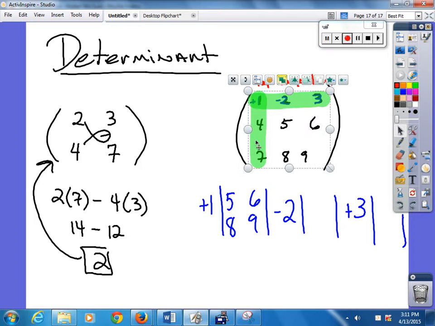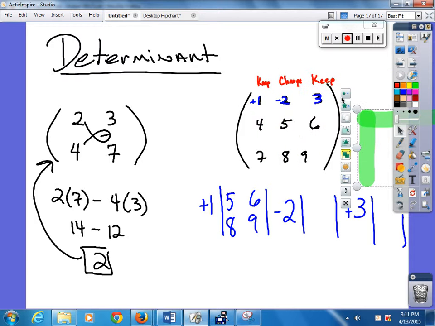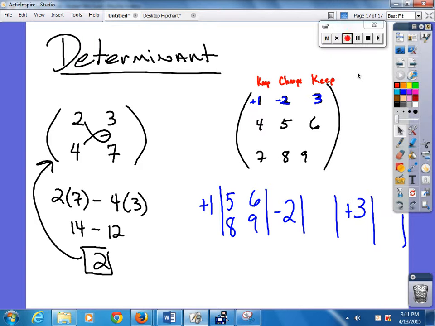It's not going to let me do what I want to do, so I need to push it. Okay, now I'm going to go to the -2. What does that leave? 4, 6, 7, and 9.